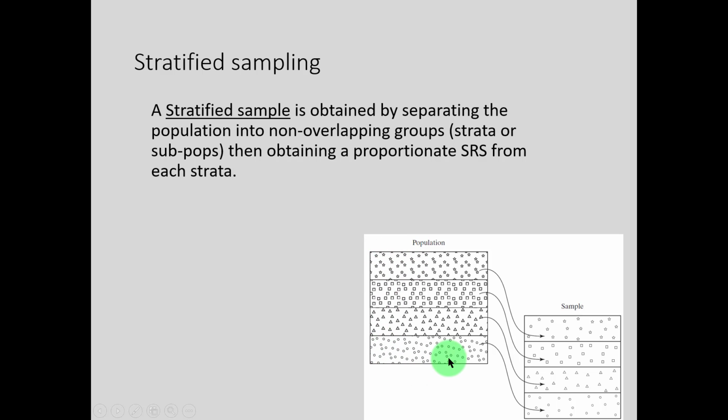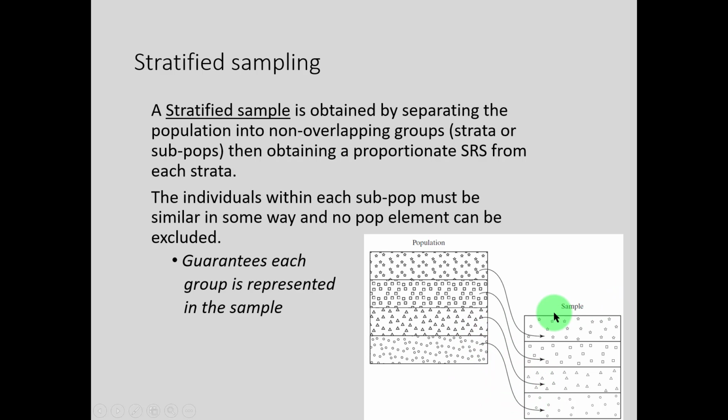Once you've grouped up the population, then you take a simple random sample from each of those groups. So in this figure here, this population has been divided into 4 groups, and a simple random sample was taken from each group. Then all these individuals compose your sample.